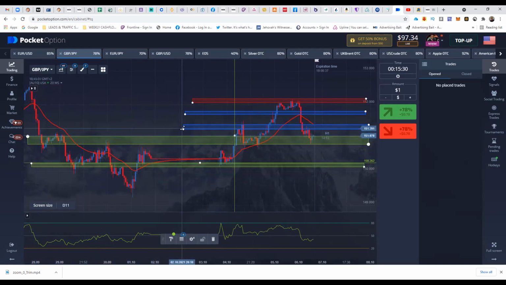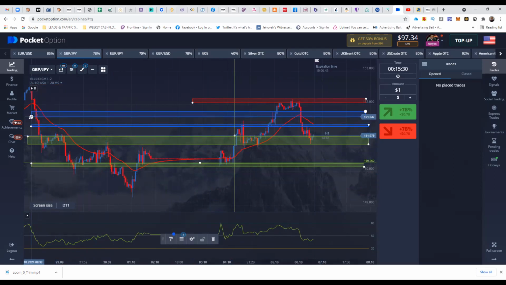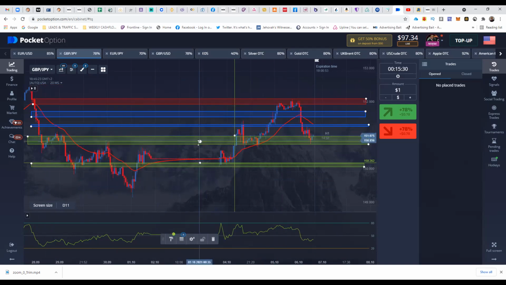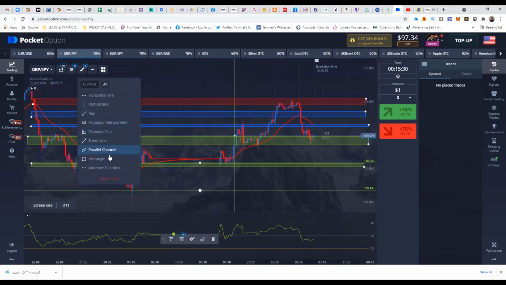Kind of pull it out like that. It doesn't have to be perfect as long as it's not cluttered. So now we see another level of floor down here. Mark this up, all right? It's a demand zone.